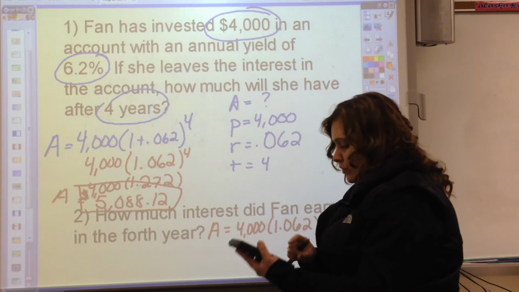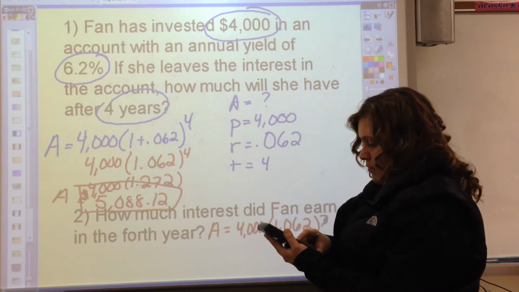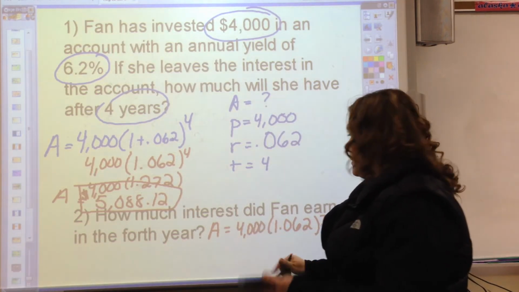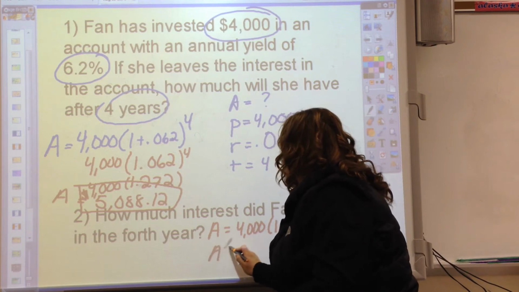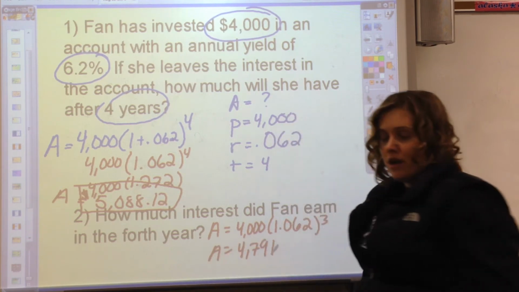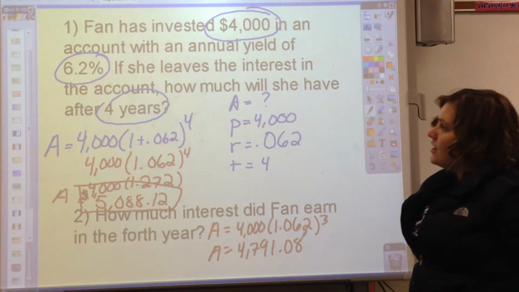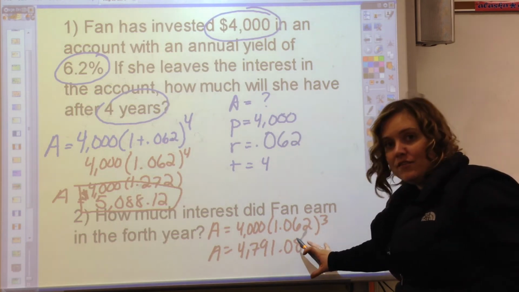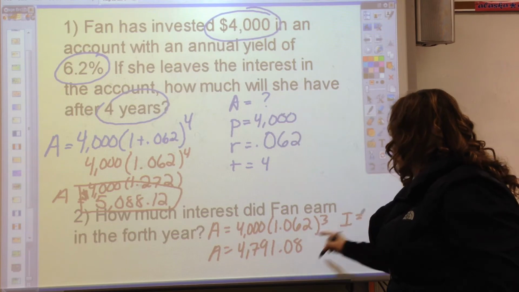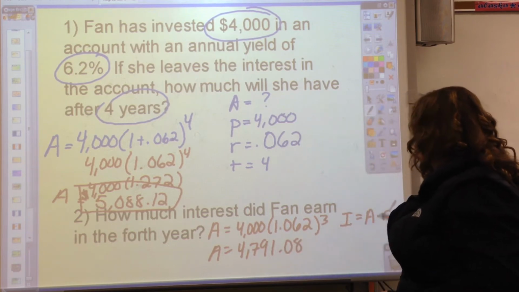And then I'm going to simplify 1.062 to the power of 3, multiply it by 4,000, and at the end of 3 years, she has $4,791.08. And then, if that's at the end of the 3rd year, to find her amount of interest, I would need to take this amount, A, and multiply it by her rate.